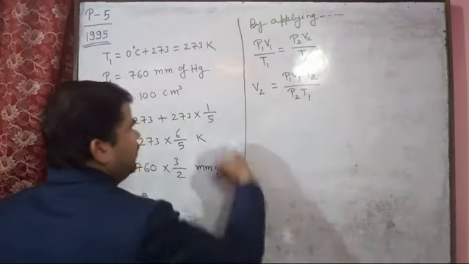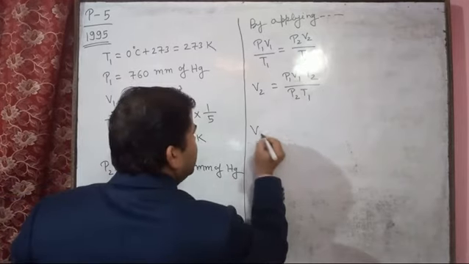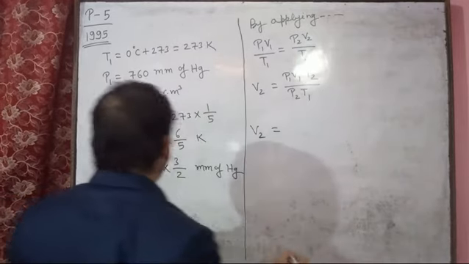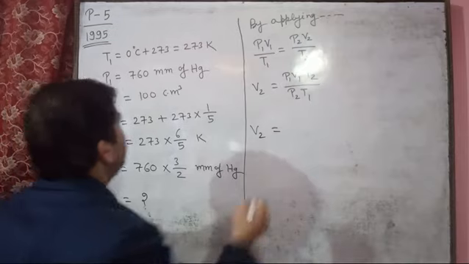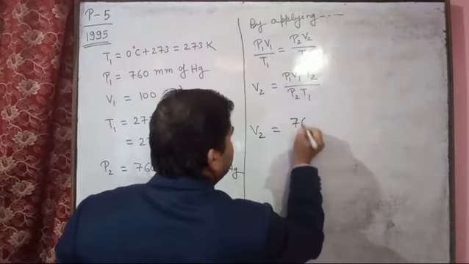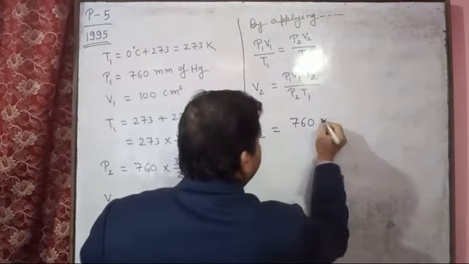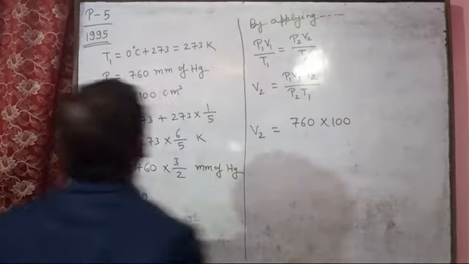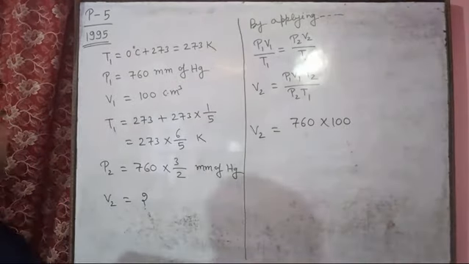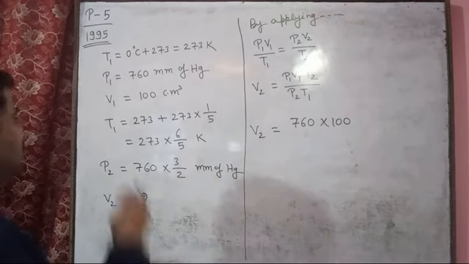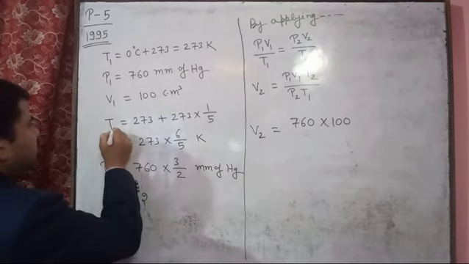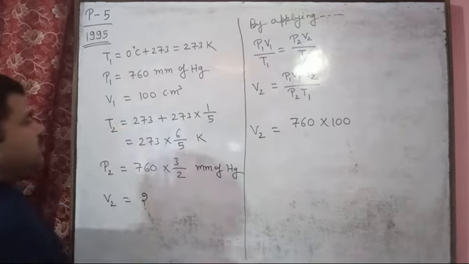So V2 equals P1, 760, and V1 given 100, and T2, this is the T1, this is the T2.